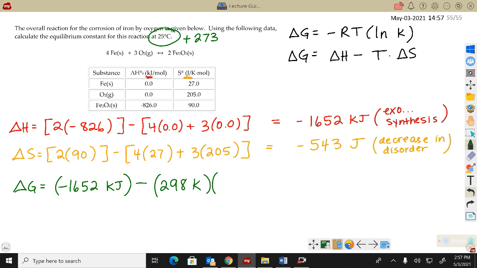I need them to be the same, and I already wrote down kilojoules, so I'm going to switch my entropy also to kilojoules. So let's make that negative 0.543 kilojoules, or technically kilojoules per mole Kelvin. So again, my Kelvin units will cancel, and I'll have kilojoules per mole minus kilojoules per mole.